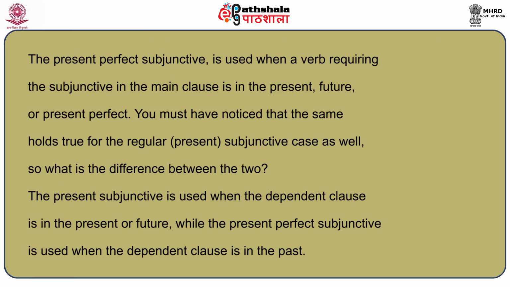The present perfect subjunctive is used when a verb requiring the subjunctive in the main clause is in the present, future, or present perfect. You must have noticed that the same holds true for the regular present subjunctive as well. So what is the difference between the two? The present subjunctive is used when the dependent clause is in the present or future, while the present perfect subjunctive is used when the dependent clause is in the past.